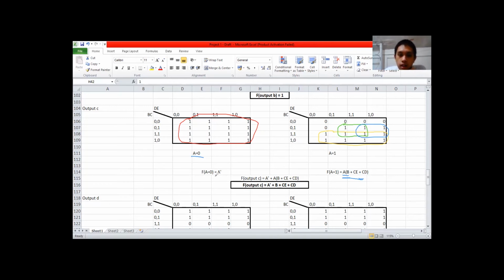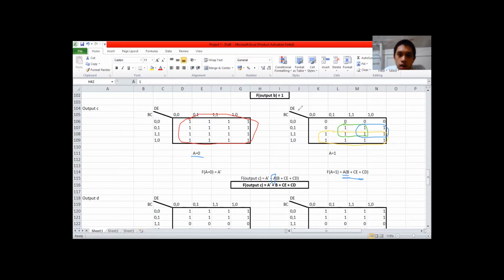So combining these functions, we arrive at A prime ORed with A times the quantity B ORed with CE ORed with CD. So applying the simplification theorem, this A will be cancelled.